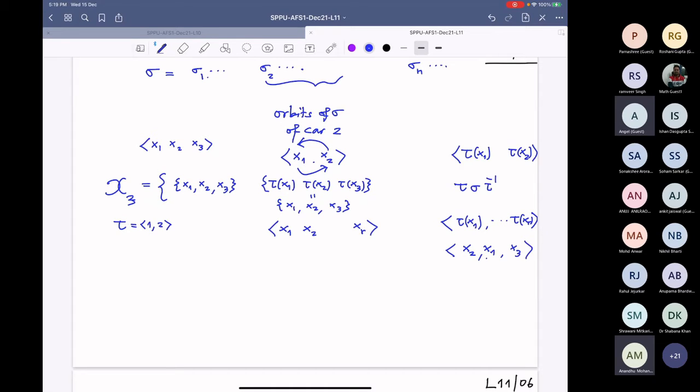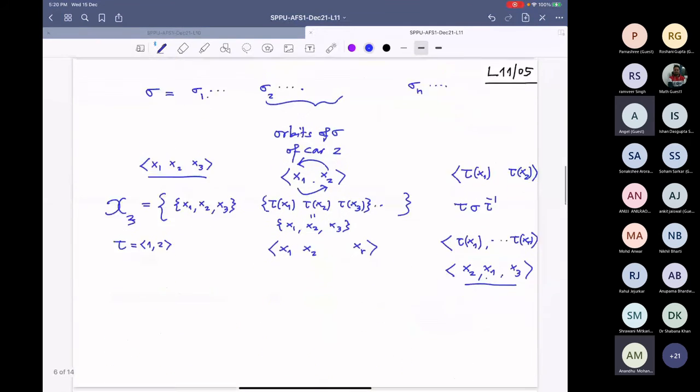Now you see, this cycle is different from this cycle, isn't it? Yes, sir. But the orbits corresponding to them are equal, isn't it? Yes, sir. As I said, that is the difference.